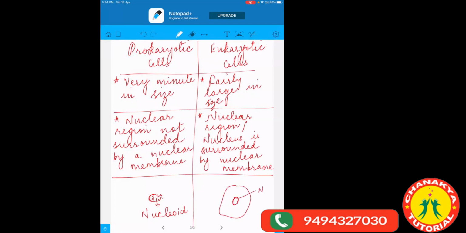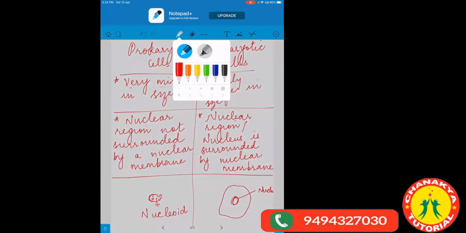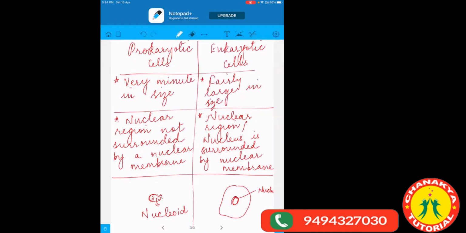Now surrounding this nucleus, there will be a kind of layer. This is called the nuclear membrane.